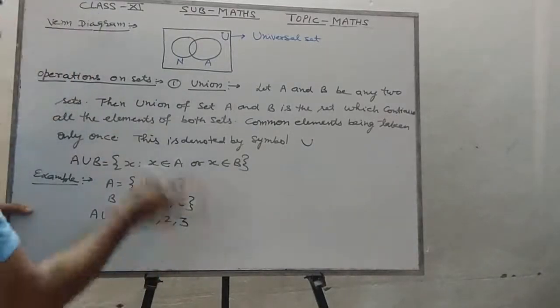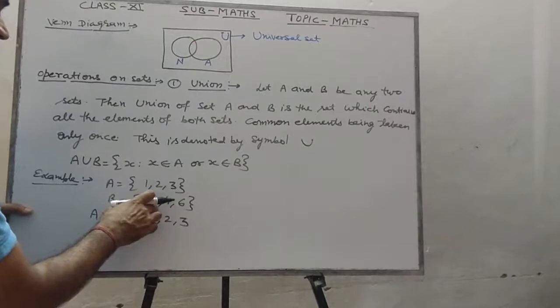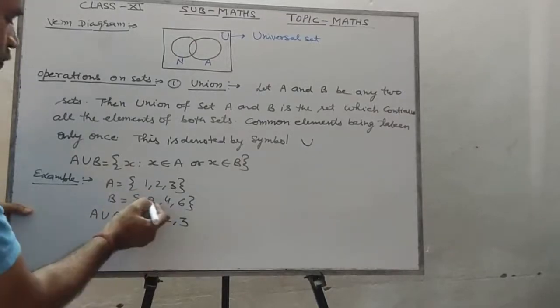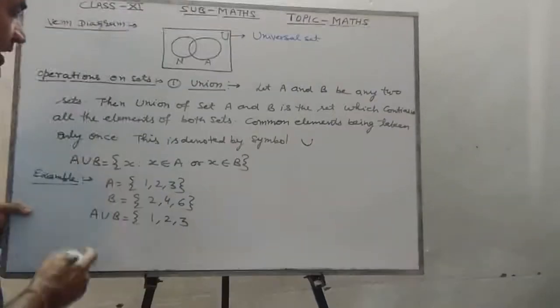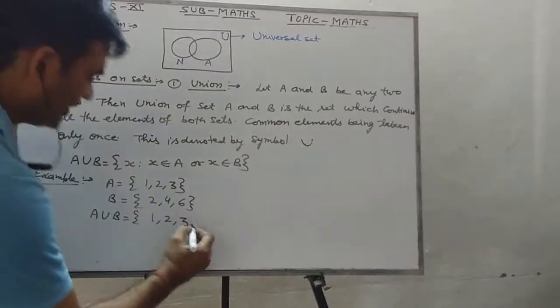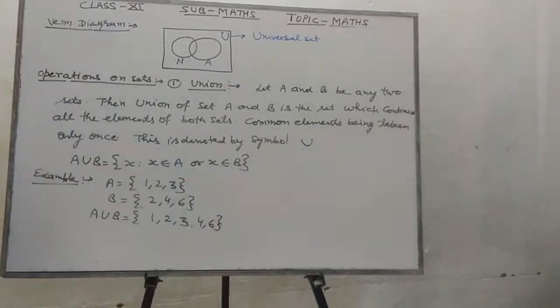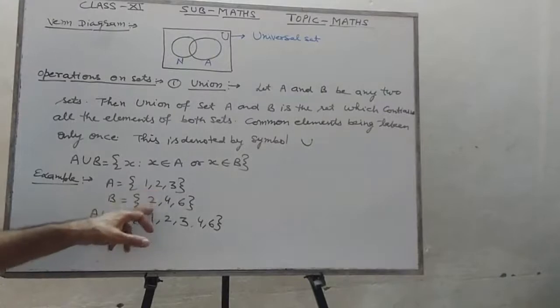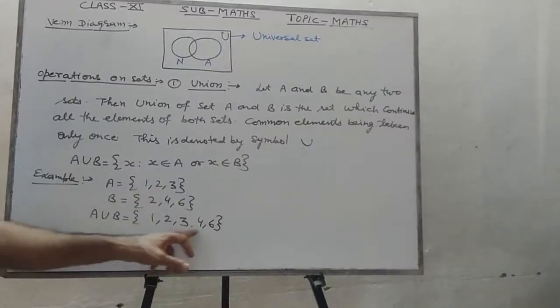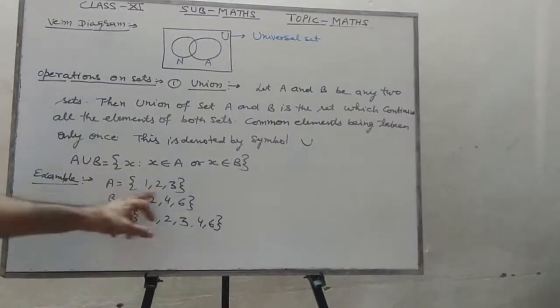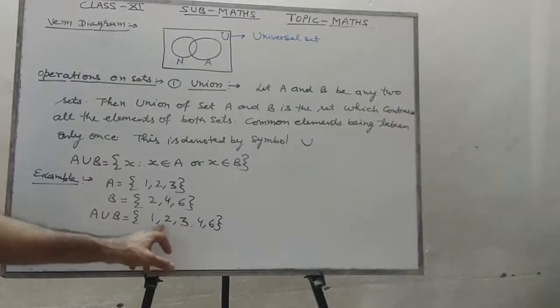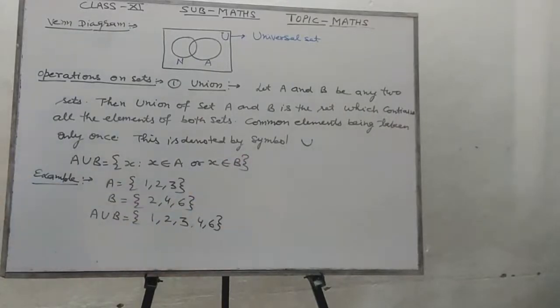Now write those elements of set B which are not written till now. 2 we have written already, so we will not repeat the 2, and we will write 4 and 6. So this is A union B. Elements that we have written already, we will not repeat them. 1, 2, 3, 4, 6 is the union of these two sets.